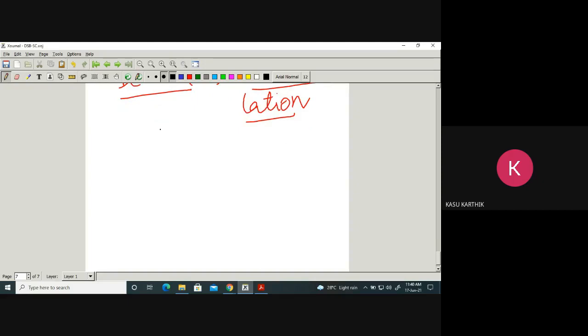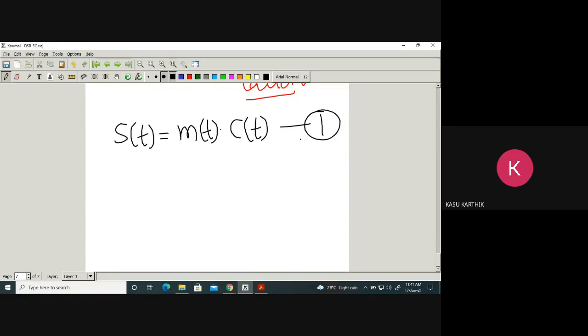How can I demodulate? Here I am modulating by multiplying M of t with C of t. This is part 1, modulation. I want to have demodulation. In modulation, we have frequency translation. How can I do retranslation to the original frequencies?